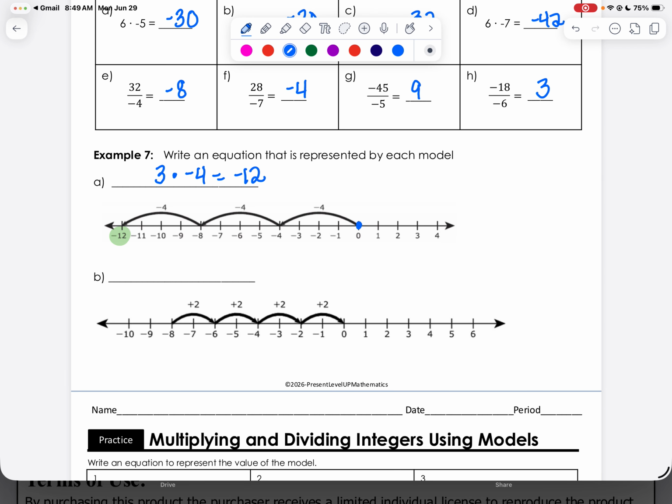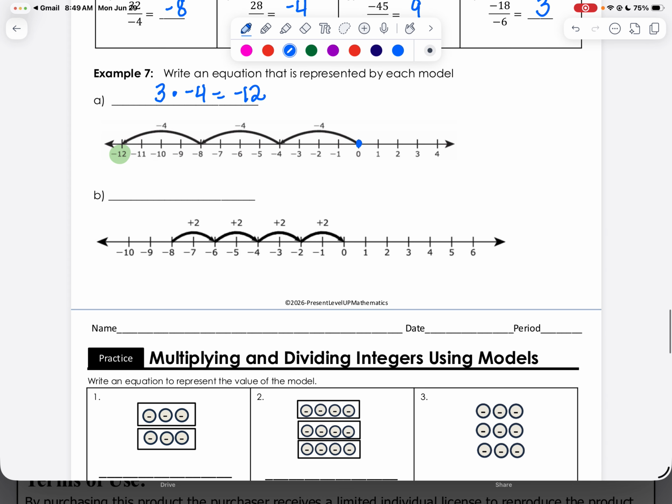All right. Now, in problem B, you have to be very careful because problem B does not start at 0. It starts at -8. So this time we need to write down the -8 plus there are 1, 2, 3, 4 jumps of +2 each.